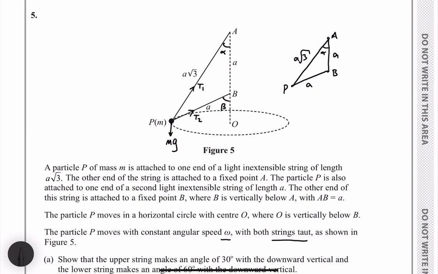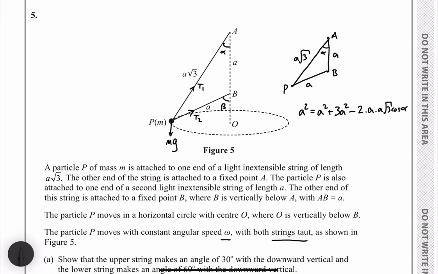So in order to use that alpha there, we would have a squared is equal to a squared plus a root 3 squared, which would be 3a squared, minus 2 lots of a times a root 3 times cosine of capital A, which would be alpha.